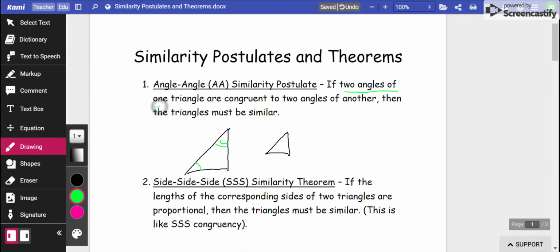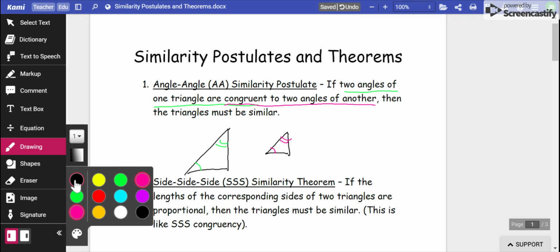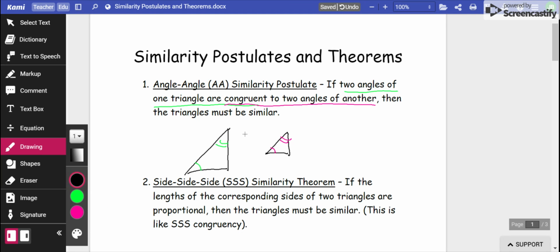If two angles of one triangle are congruent to two angles of another triangle, let's just say that angle matches with that one. Basically what this is showing is that these top two angles are identical to each other and these bottom two angles are equal. Hence, if they're going to be congruent to each other, that means the third one has to be congruent. These triangles are similar. So just showing that they have a similarity.